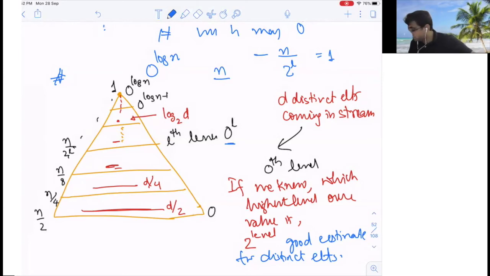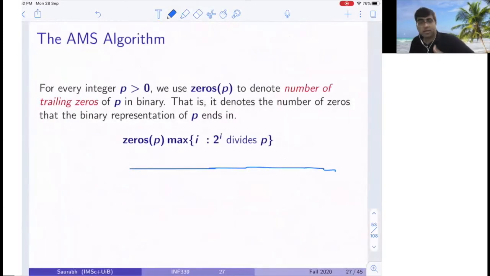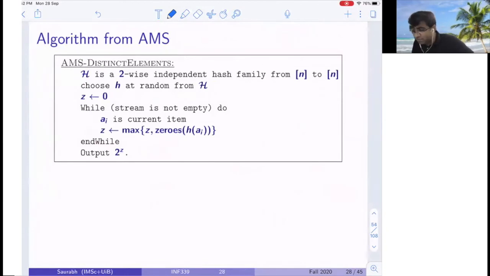So this necessitates this definition. For every integer p greater than 0, we use zeros(p) to denote the number of trailing zeros of p in binary. That is, the number of zeros that the binary representation of p ends in. Or in math, it's the maximum i such that 2 power i divides p. Okay? And what is my algorithm?